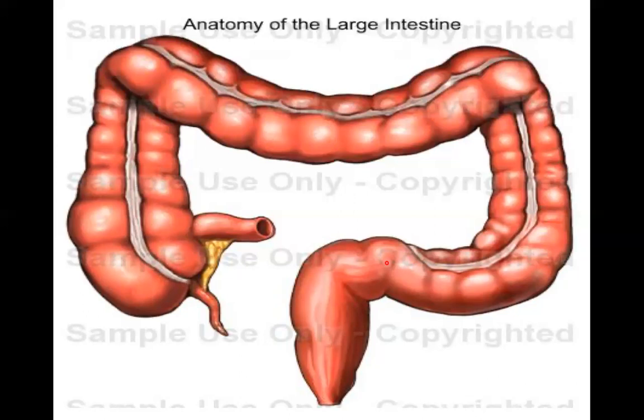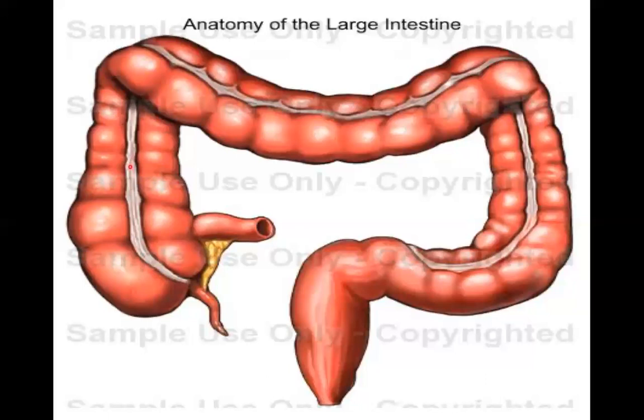There are small pockets from the outer layer, filled with fat, distributed on the surface of the large intestine, called appendices epiploicae. They are distributed in all parts, but we find them heavily at the sigmoid colon. We will not find them at the cecum and the appendix.